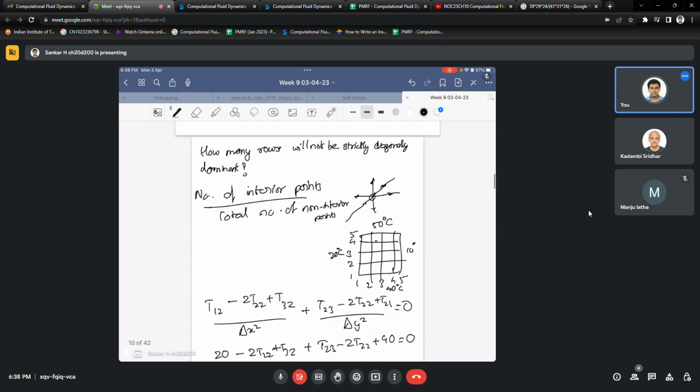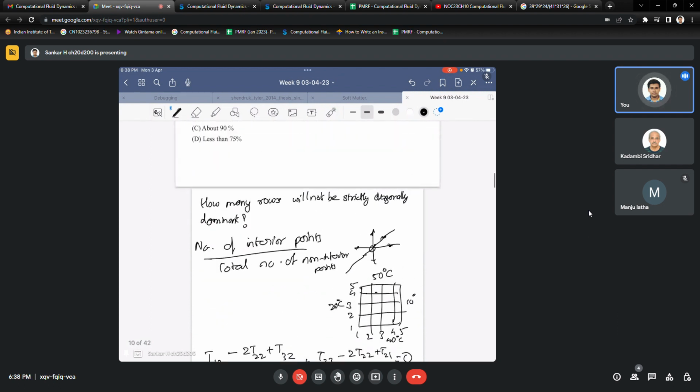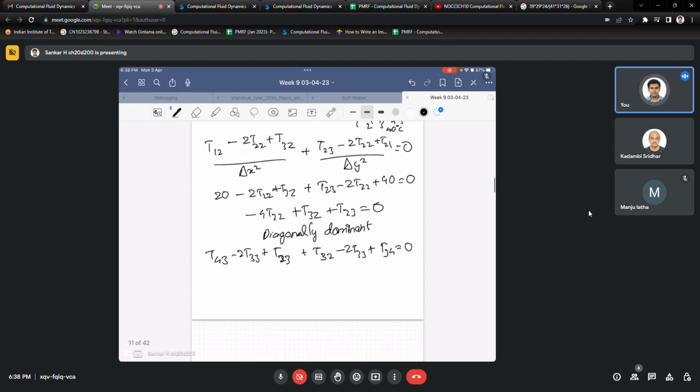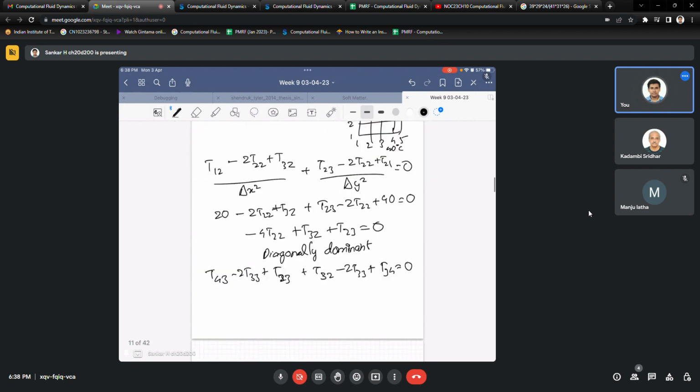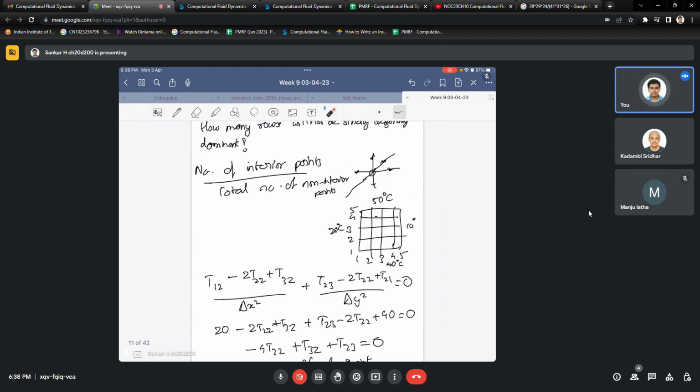So what I am trying to say is the number of interior points will be given by the total number of grid points minus 2 from each side, multiplied by the total number of grid points in the other direction minus 2 from each side. If we have a three-dimensional case, we just have to do it thrice.